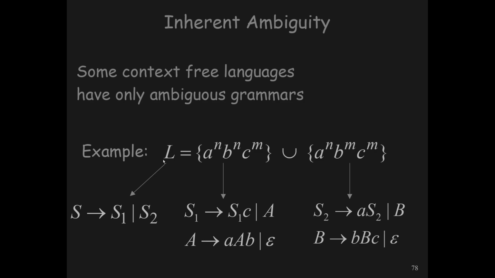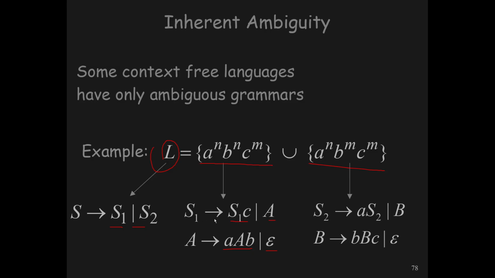L has the starting symbol S, which produces either S1 or S2. S1 is for this part and S2 is for this part, okay? Now S1 has S1C or A, and A has aAb or empty. So this is the phases thing that I was talking about earlier.